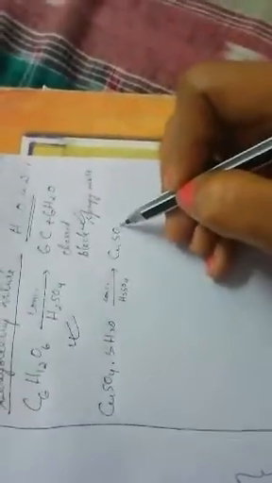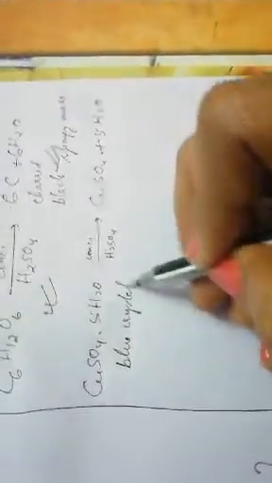It will give CuSO4 plus 5H2O. Here this is blue crystals and it gives white amorphous mass. Now it also removes water. It means concentrated sulfuric acid also removes water from formic acid, oxalic acid and ethanol.